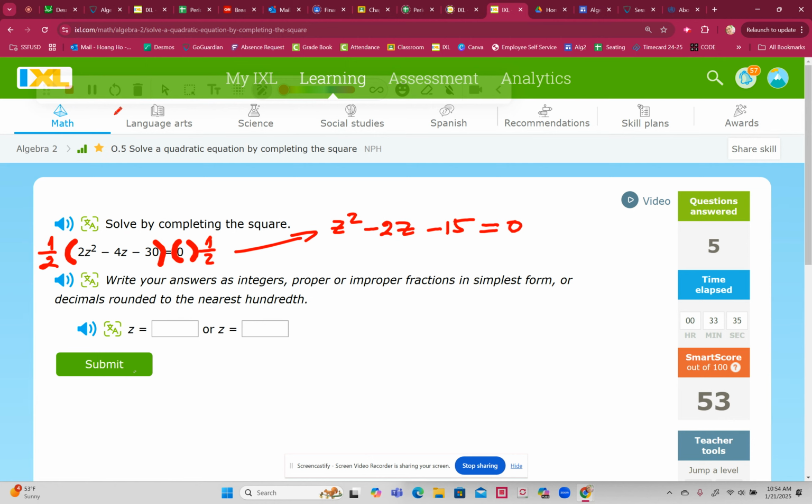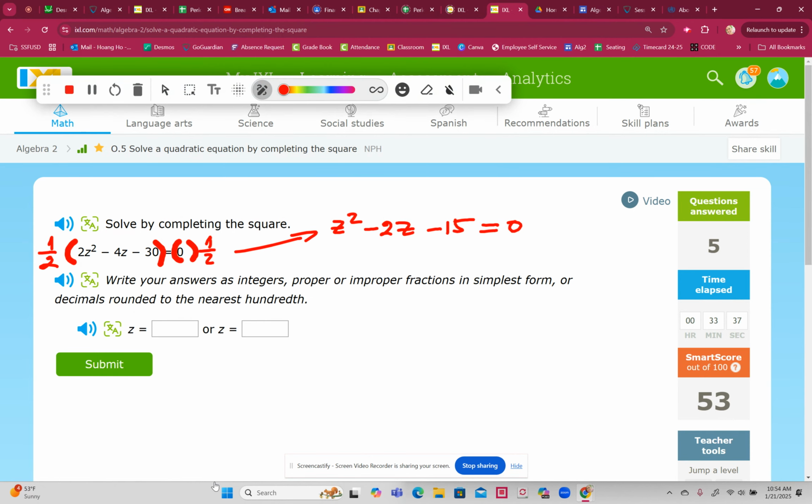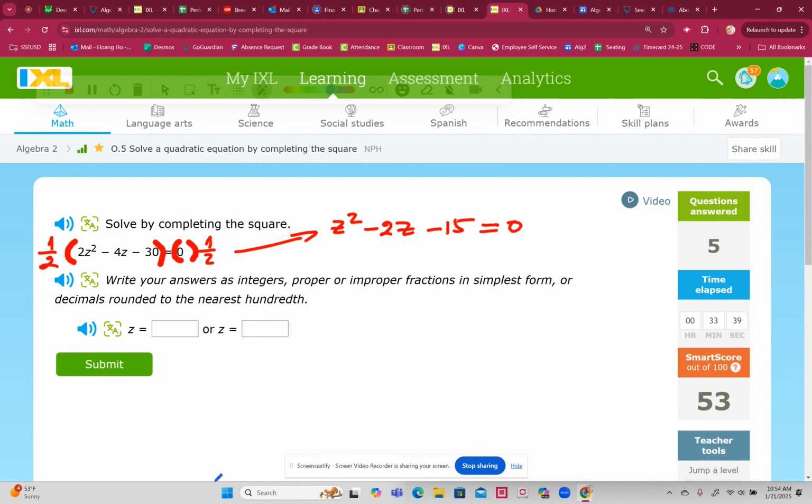Now take a look over here. We need to move the constant number negative 15 to the right side. So now you come out at z squared subtract 2z equals positive 15.